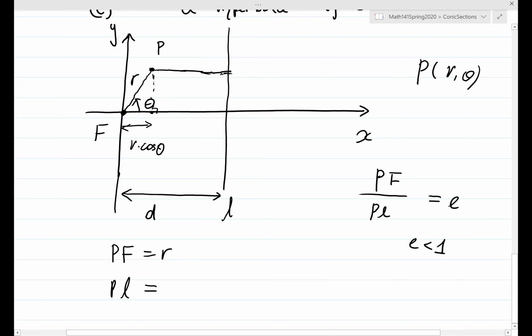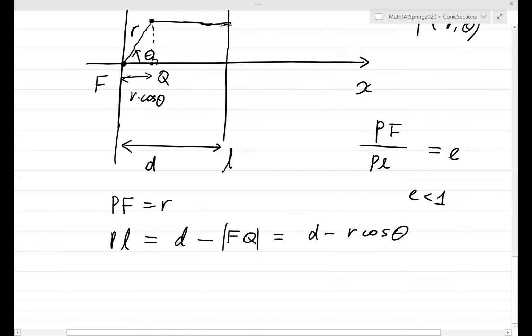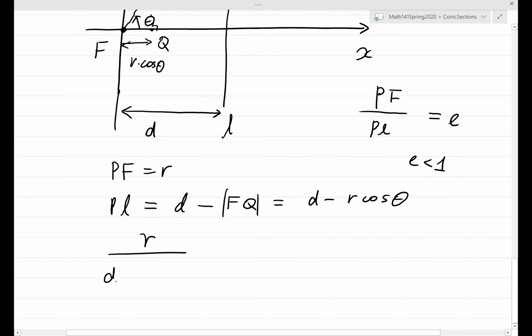The total distance is D, so PL is D minus FQ, which is D minus R cosine theta. The ratio R over D minus R cosine theta should be E.